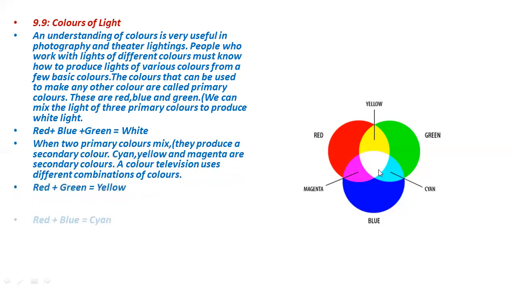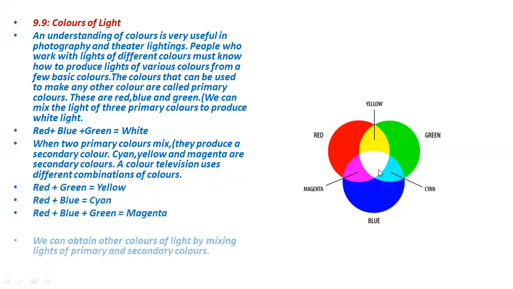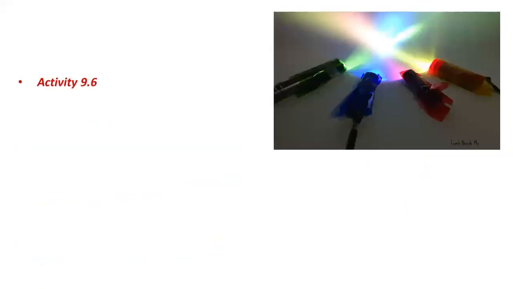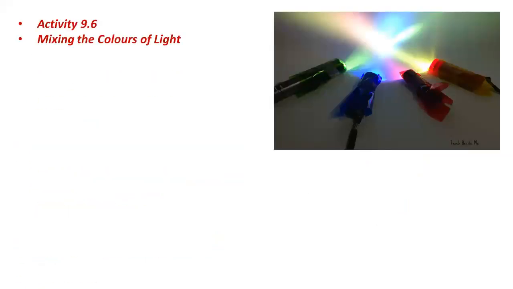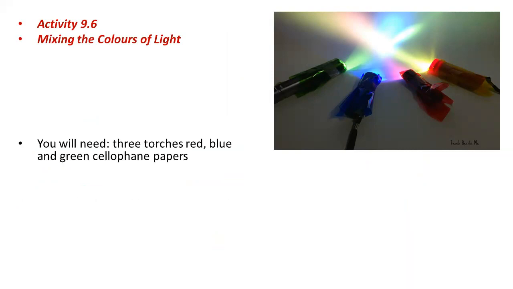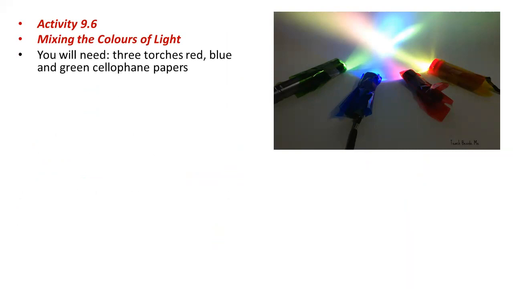In order to understand the mixing of colors, we have activity 9.6, which is about mixing the colors of light. For this activity, you will need three torches, red, blue, and green, and cellophane papers.